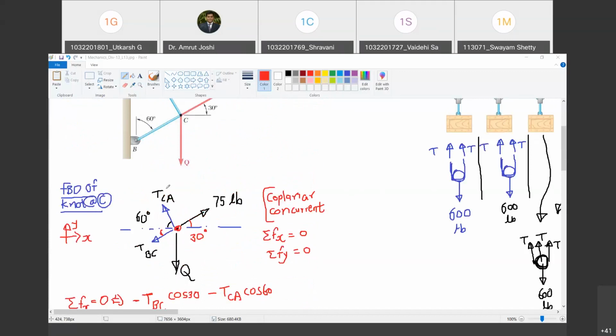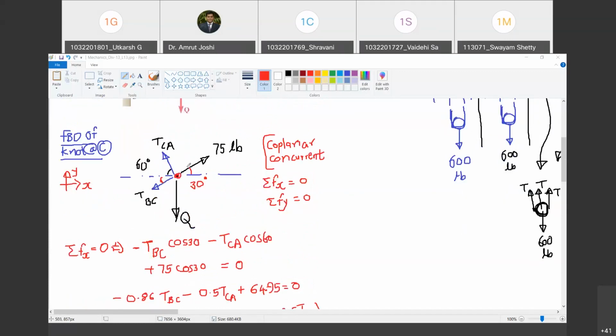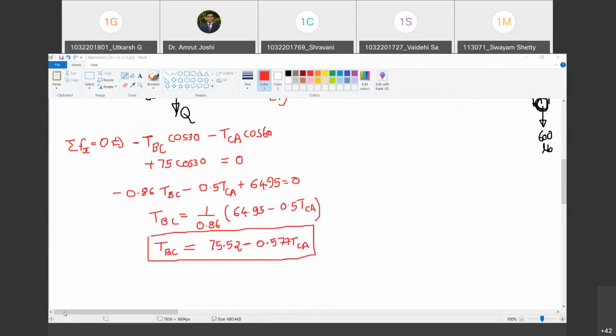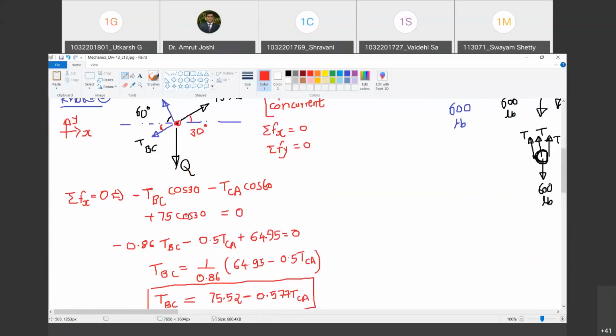Now let us go to the second equation. So how do I apply the second equation? Summation Fy equal to 0. Tell me, how does this equation look?